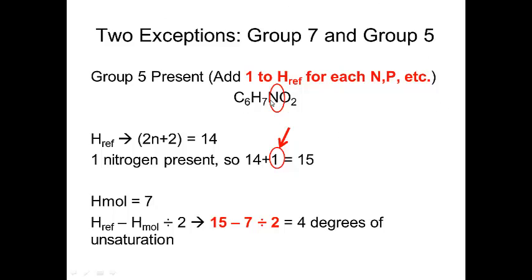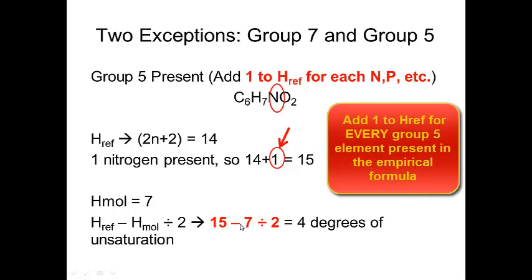We only have 1. So H ref for this compound: n would be 6, so 2n plus 2 would be 14. Before we apply H ref minus H molecule divided by 2, we first must add 1 to H ref. So this would be 14 plus 1, which gives me 15.